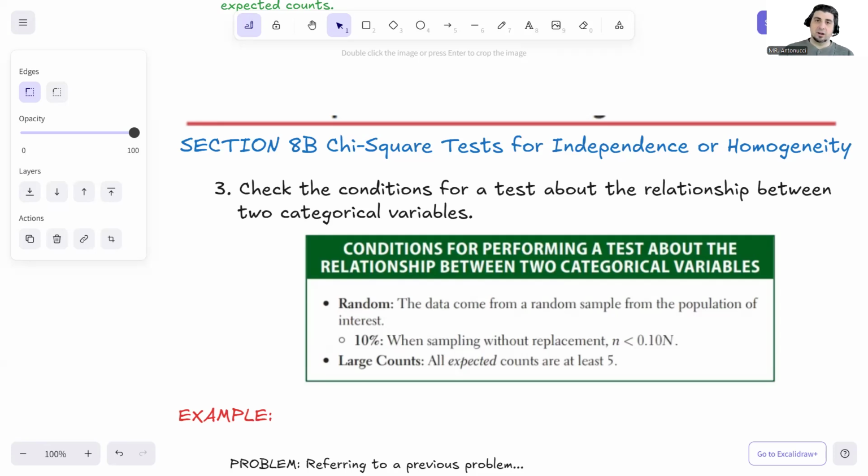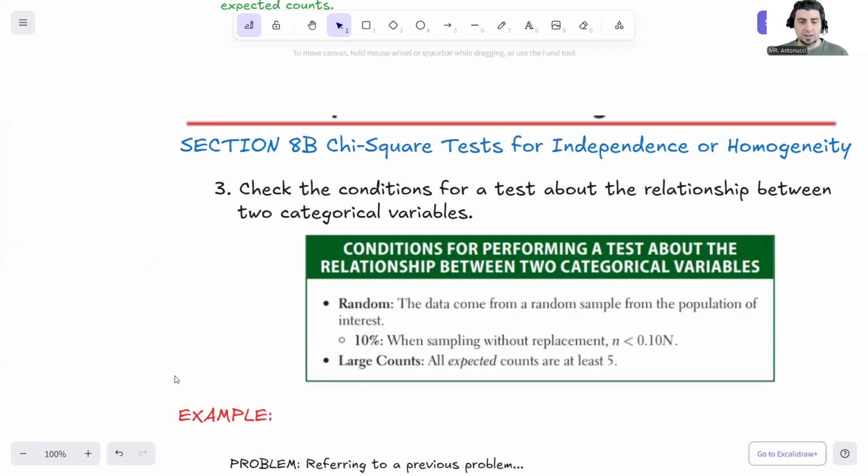The conditions are exactly the same as the test for goodness of fit. So we have the random condition: the data come from a random sample of the population of interest. For the 10% condition, when sampling without replacement, the sample size is less than 10% of the population. And the large count condition would be that all expected counts are at least 5.